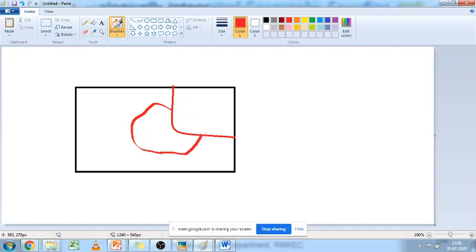Let's assume this is one area which we are going to represent in a data format. How am I going to mark the polygons? I'll show you.